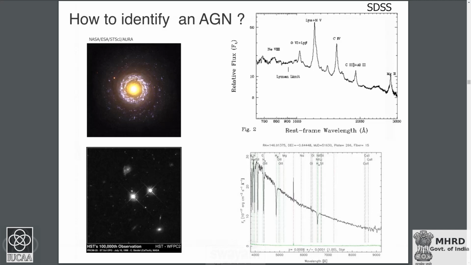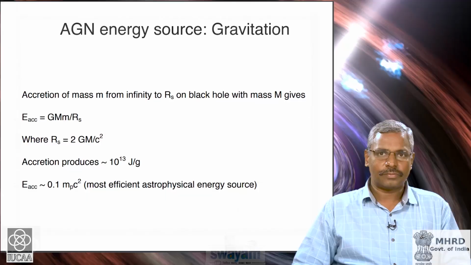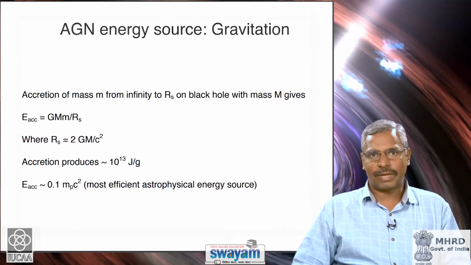Here, contrary to normal galaxies, we see a continuum, and superposed on it we have lots of emission lines. These emission lines are characteristic of the elements present in the object. You can notice that the widths of the emission lines are very broad, typically more than 1000 kilometers per second. This is how you identify an active galaxy.